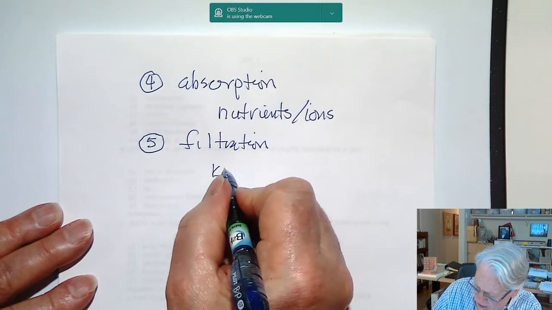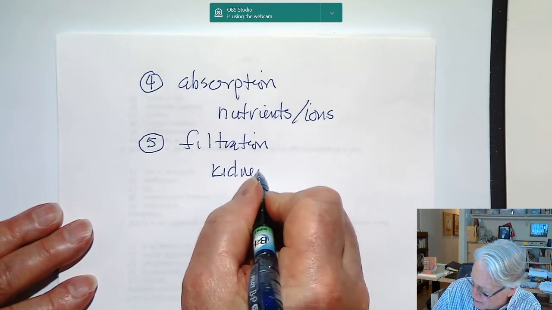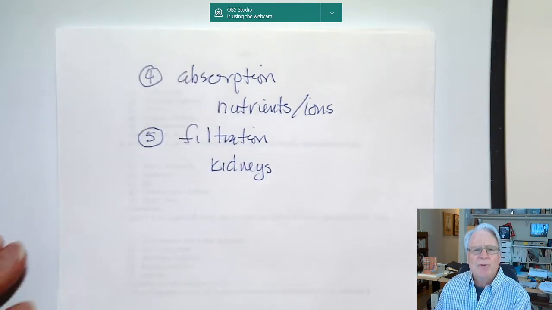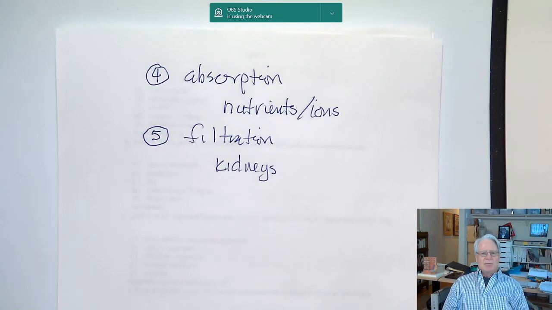Filtration is taking place primarily in the kidneys. That is to say, where we see epithelial tissue performing this function of filtration is in the kidneys. And this is happening when you filter your blood. So you will learn about this in 40C when you get into the urinary system, which is a fascinating system. It's one of my favorite systems, simply because of what's happening in the kidneys. The physiology of the kidneys is pretty amazing.